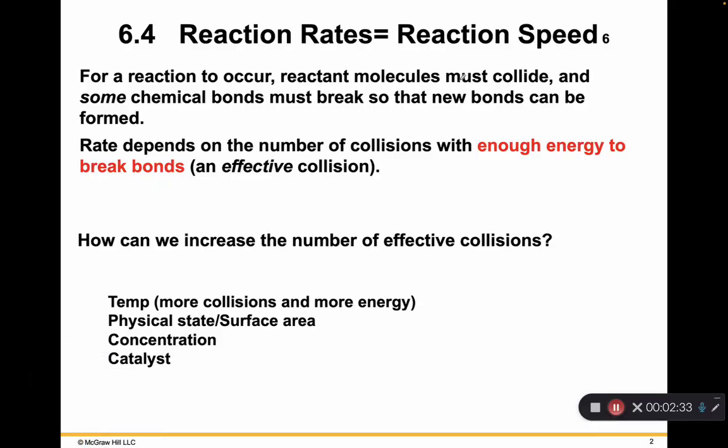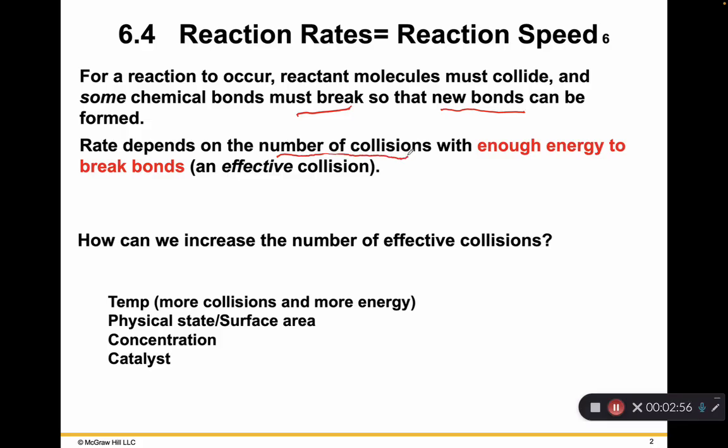Once the collision occurs, then only the bonds between them in the reactant will break down and the new bonds to become a product will form, right? So the basic criteria is we need to have the collision.